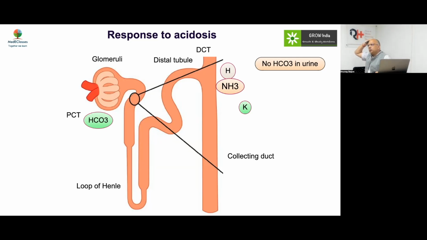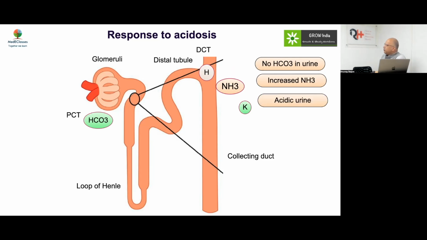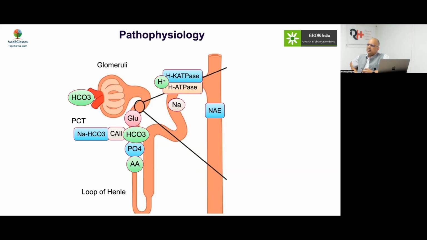So the urinary osmolar gap and the urinary anion gap, which I'll talk about a bit later, should also be positive. So that is a normal response in that scenario. And then, of course, you should have acidic blood and acidic urine. So the normal response is to have acidic urine. You will expect potassium loss to happen.